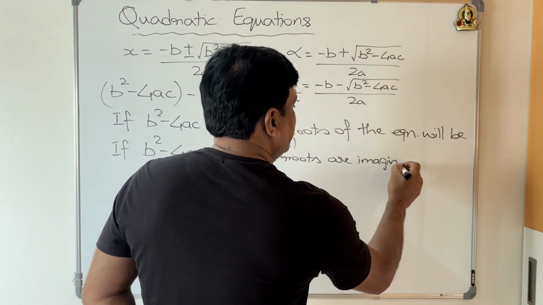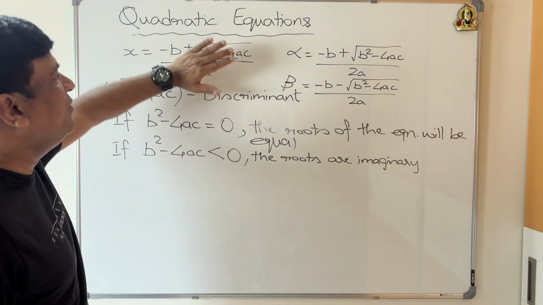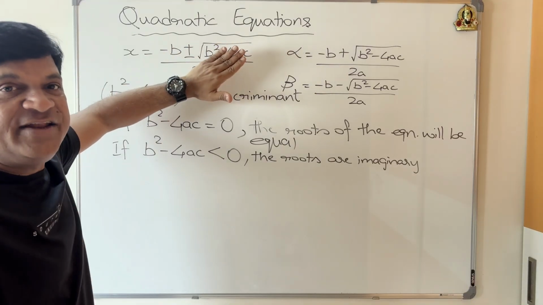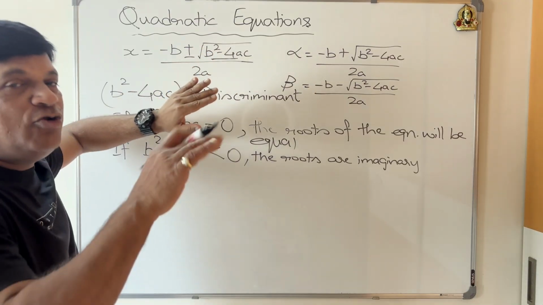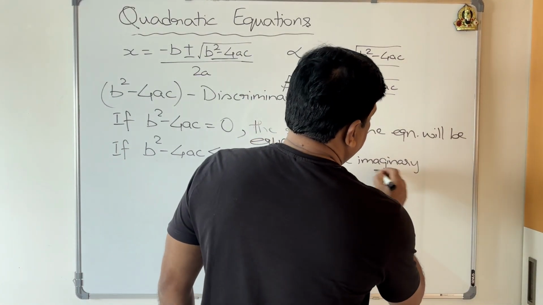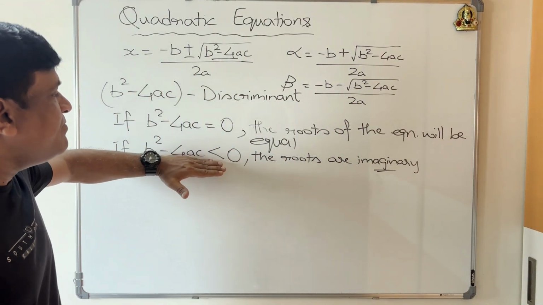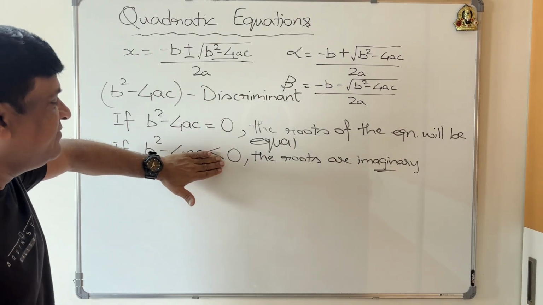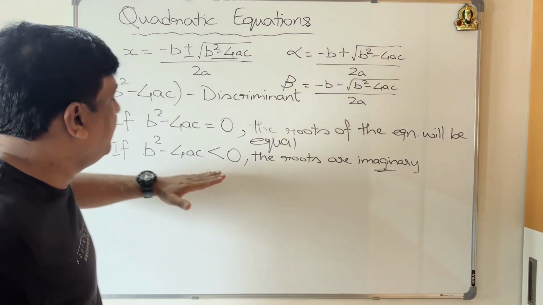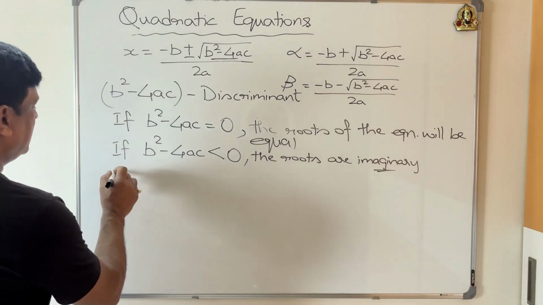Because whenever you have a value less than 0 for this particular quantity, it will become the square root of a negative number, and square roots of negative numbers are known as imaginary numbers, which are not real. Remember that. So for the time being, whenever you see a value less than 0, you should go ahead and write that there are no real solutions for that particular quadratic equation. Understood? Okay, good.